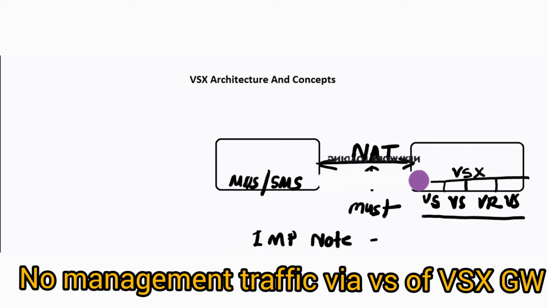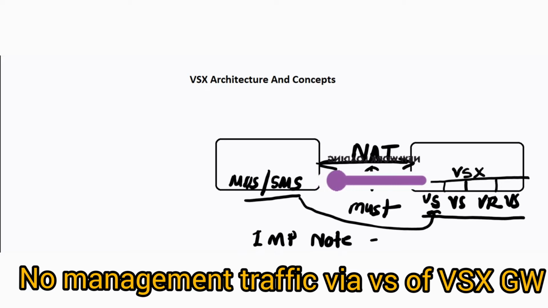So it is not supported to manage a VSX gateway when management traffic is protected by or travels from a virtual system on the same VSX gateway. A virtual system can only communicate directly with the management server whenever there is a need, and that is possible as long as the management server is not behind this virtual system.